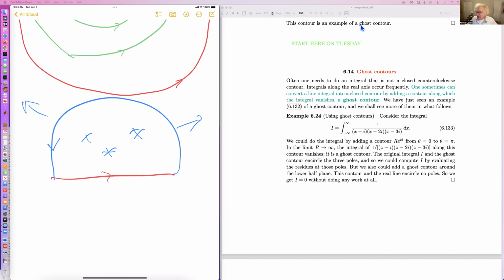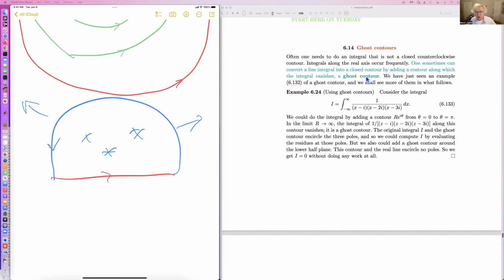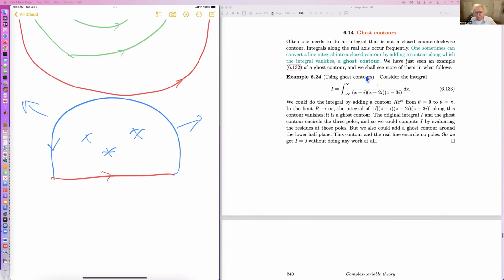The topic for today is ghost contours. The idea is that one often needs to do an integral that is not a closed counterclockwise contour. In fact, that's the typical case. Integrals along the real line or the real axis, occasionally the imaginary axis, occur frequently.